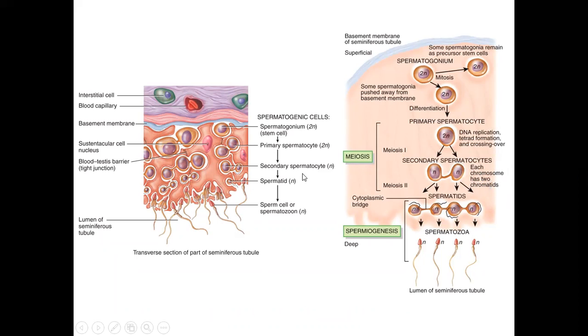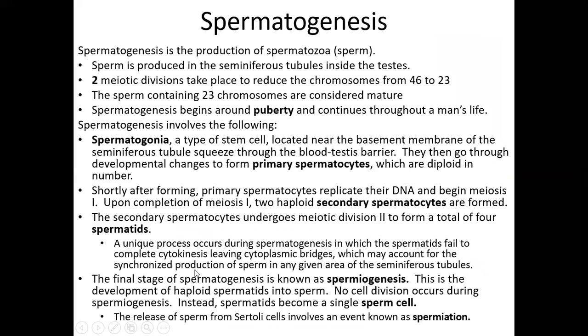Okay, so after we form these secondary spermatocytes, we would expect the cells to completely separate through cytokinesis, but we see that the cells are still connected by what's called a cytoplasmic bridge. We see the same thing once we've run through meiosis 2, when those 2 cells become 4 what we call spermatids.